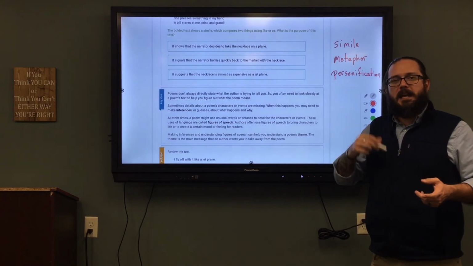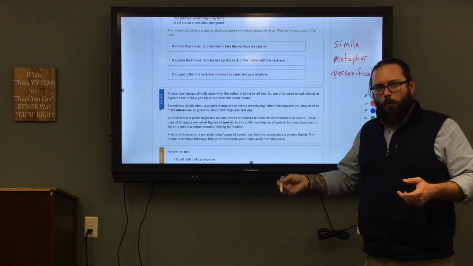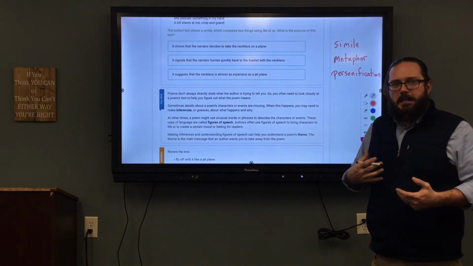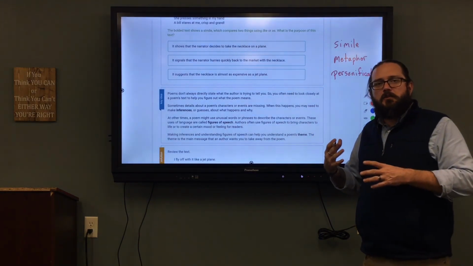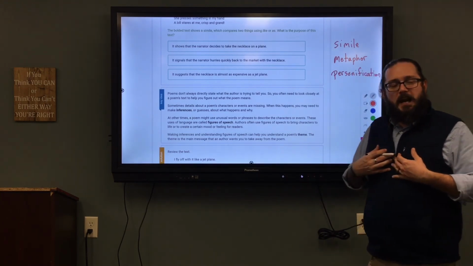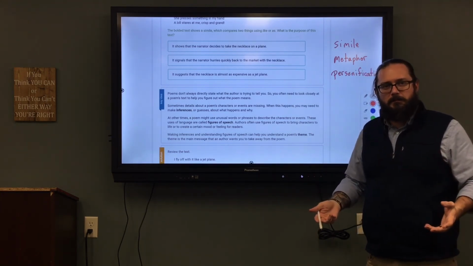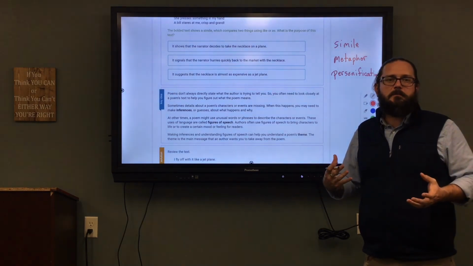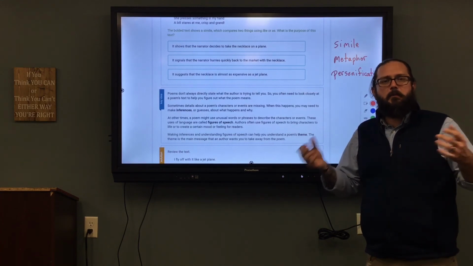So my hunger is being compared to the hunger of a horse. Now, if I make the statement, I am a hungry horse, obviously I'm not a horse, but what I'm doing is I am using a metaphor to compare my hunger to a horse's hunger.